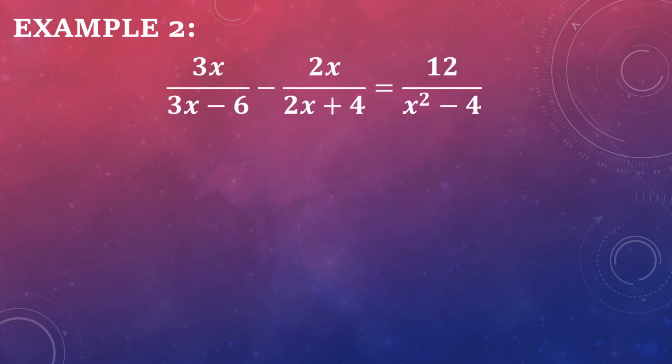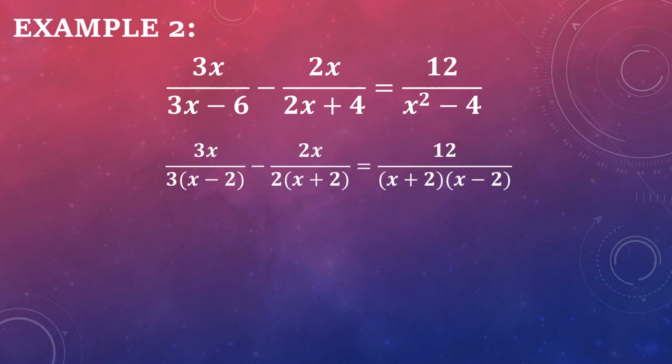Okay, let's have the second example. 3x over 3x minus 6 minus 2x over 2x plus 4, which is equal to 12 over x squared minus 4. Notice that in our denominators, we can still simplify it, or we get the common monomial factor of our denominators.